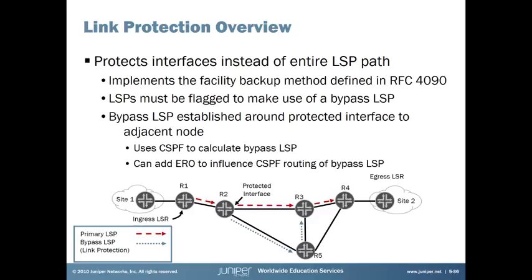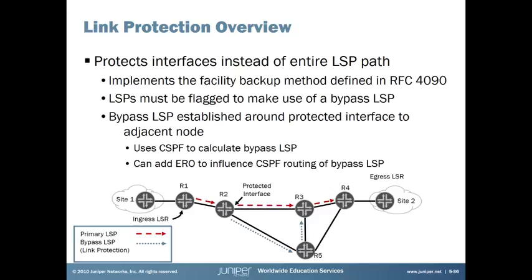So we can protect multiple LSPs. Maybe we've got 100 LSPs that we're protecting on this particular path. So it scales a lot better. Really it's a case of how many LSPs we are protecting as to which approach you'll take here.